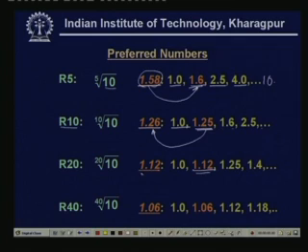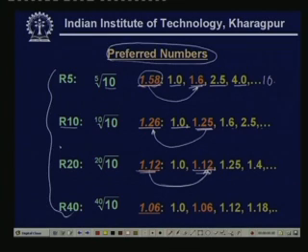Here you can see no rounding off as such has taken place. Similarly for the R40 series. These are called the preferred numbers, and all these are called the basic series.